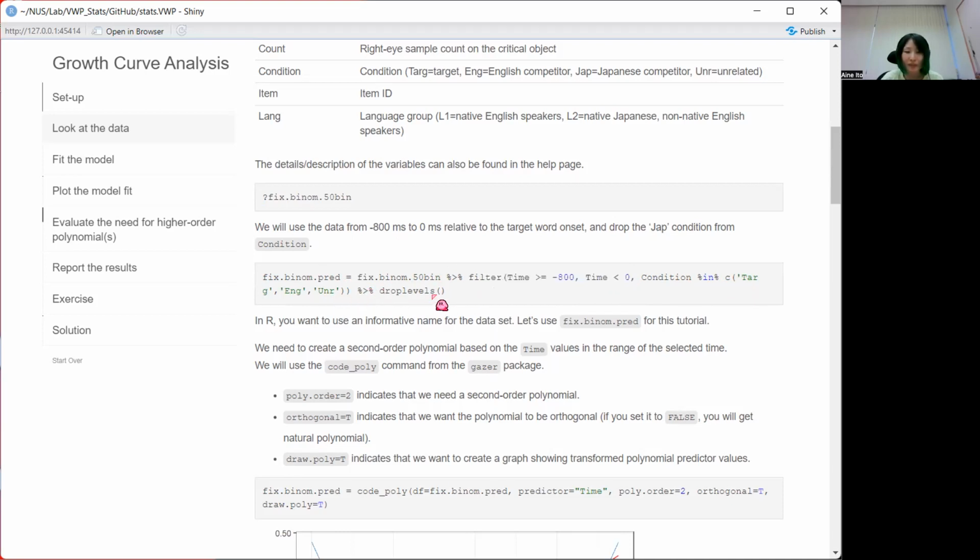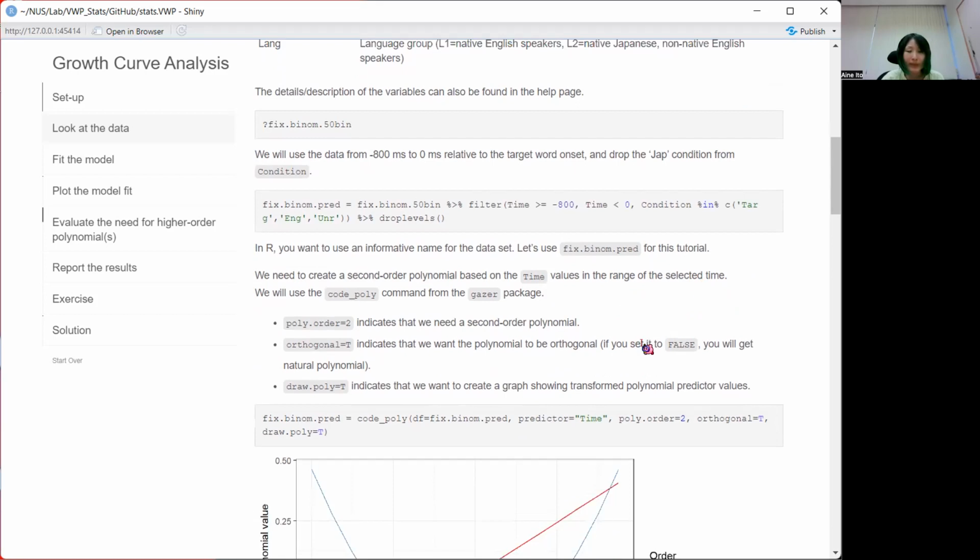So we are dropping the Japanese competitor level from the condition factor. In R, you would usually want to use an informative name for the data set. So I just called this grid because it's the prediction time window that's before the target word onset.